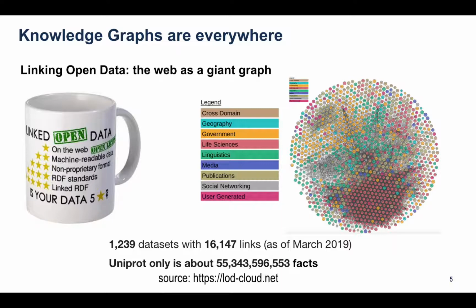And it's linked data because they leverage HTTP based IDs, which is just the web infrastructure, to link things. So because of this 5 star, I would say, you end up with the web being a giant knowledge graph. For example, UniProt, which is a biological data knowledge graph available on the web, is about 55 billion triples. So it's just huge, and just one of them.